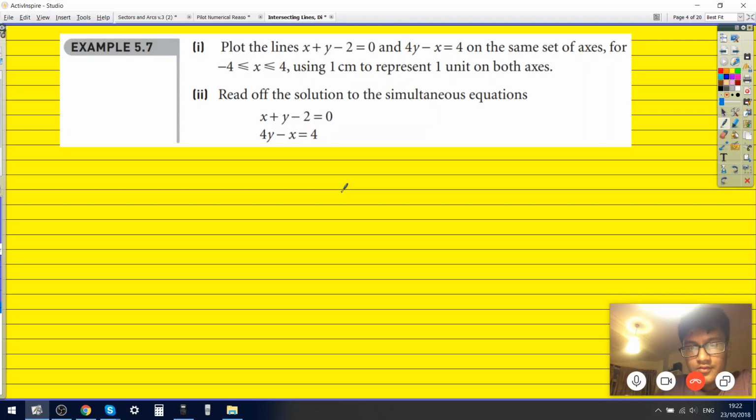If I rearrange the first equation, y equals minus x plus 2.